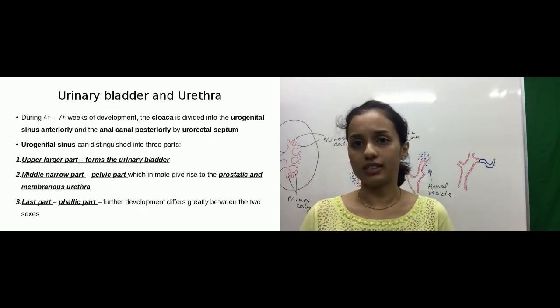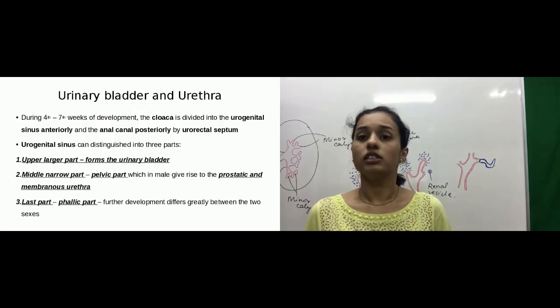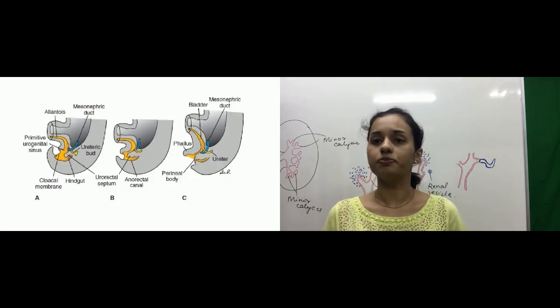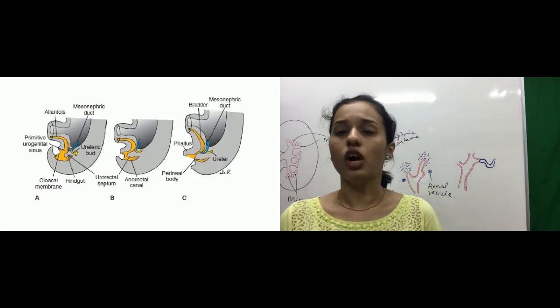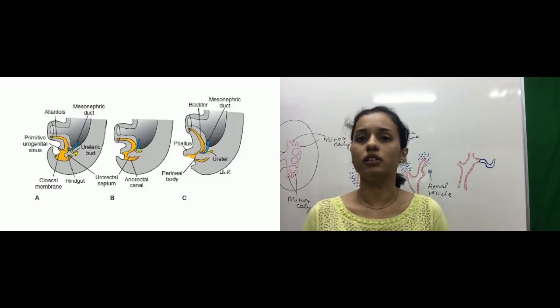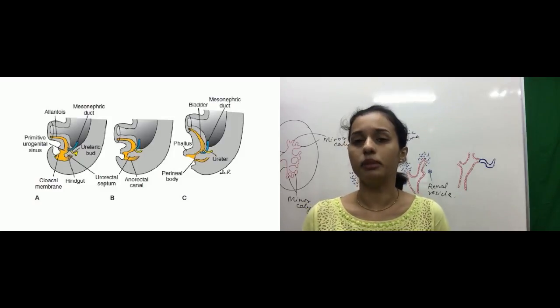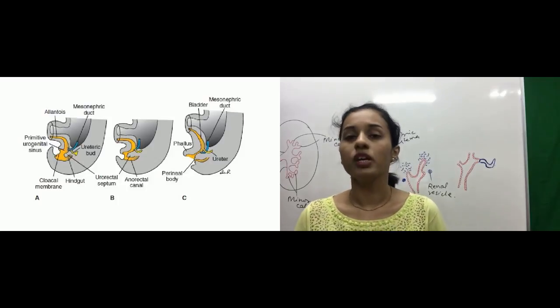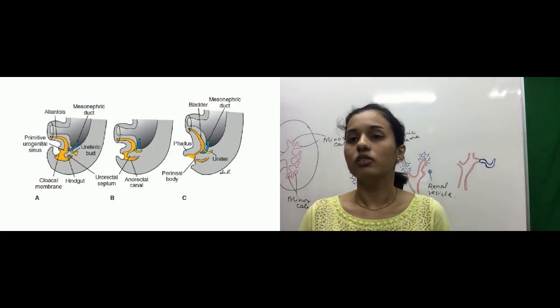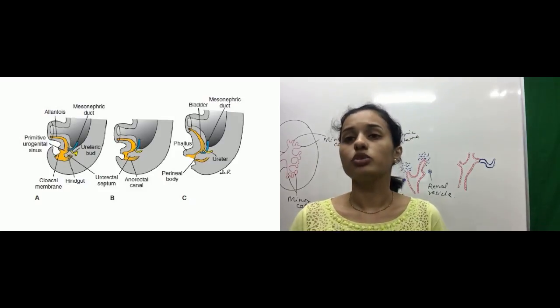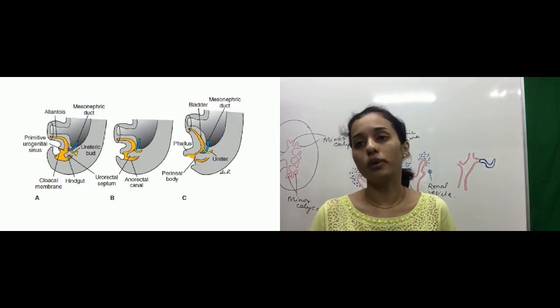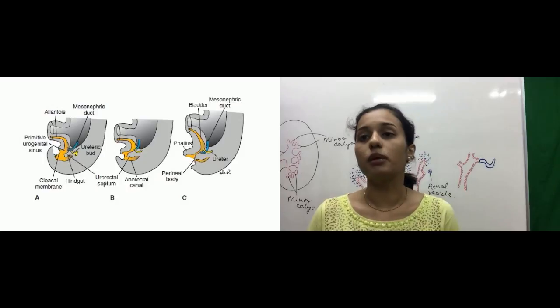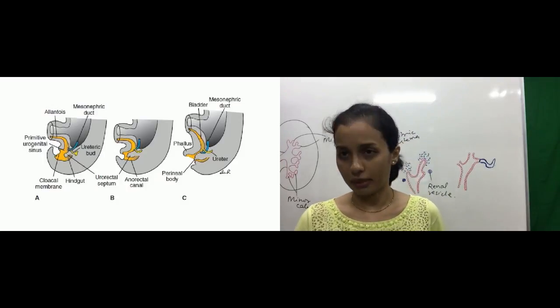This urogenital sinus is distinguished into three parts. You can see in the picture, the upper part mainly contributes to the formation of the urinary bladder. The middle part is called the pelvic part, which mainly contributes to the formation of the membranous and the prostatic parts of the urethra in males.